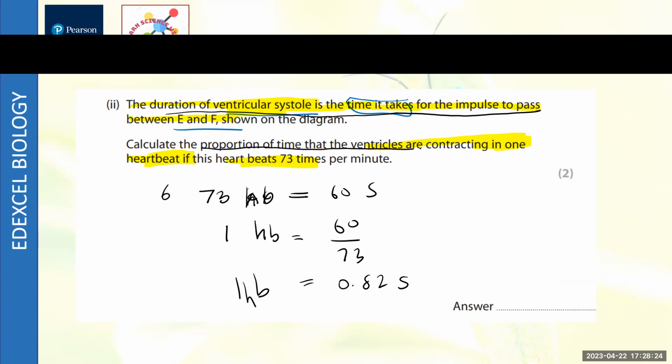Proportion of time that the ventricles are contracting. So this is the total for one heartbeat, 0.82, and ventricular contraction is 0.05. So should it be 0.05 divided by 0.82? If you multiply by 100, you get a percentage, right?